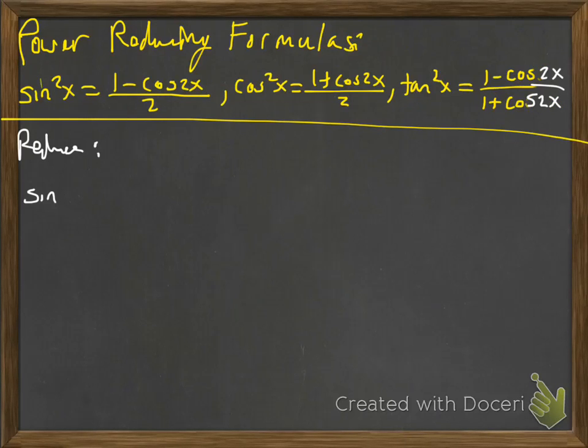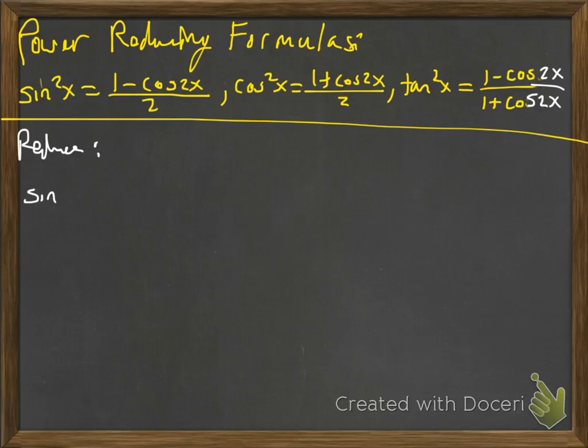And forgive me, I had an error with my tangent squared. It should be 1 minus cosine 2x over 1 plus cosine 2x, because the tangent squared is just going to be sine squared over cosine squared. So then you would just have the sine over the cosine, and after we flip, the 2's would absorb.